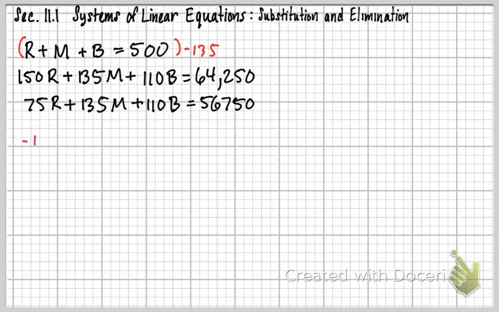That'll be a negative 135R minus 135M minus 135B, and that's going to equal negative 67,500. And then I'm going to just bring down the second one.